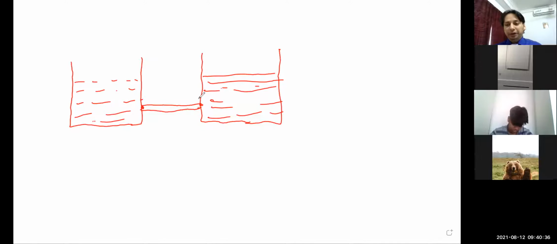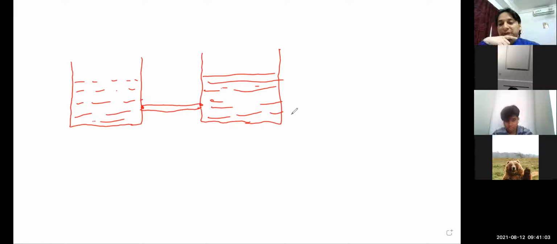Now, is there any way, 10th class children, please? If the pipe is connected in such a way, is there any possibility that the water will flow from one container to another container? 10th class children. Krish, from this diagram, is it possible that the water can flow from one container to another?